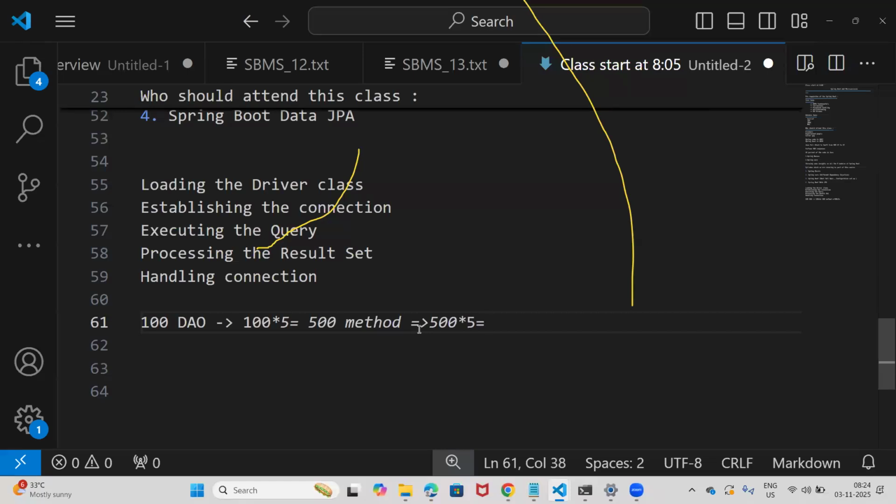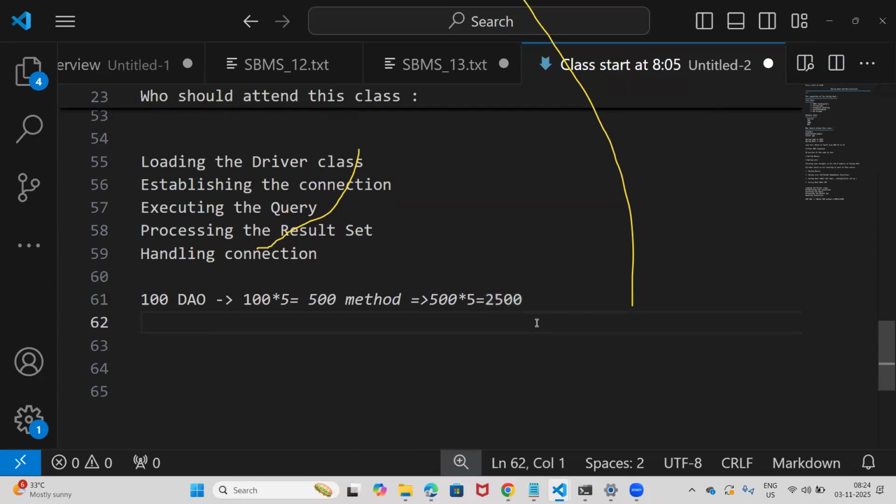How much? 2500 lines. Do you think these 2500 lines are a waste of code? If you write so much extra code, unnecessarily you will be prone to errors and exceptions, and management of the project is not easy. These many challenges will come. Because of this reason, JDBC is getting outdated.